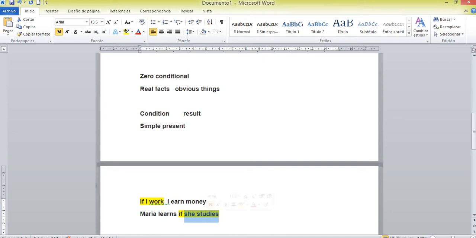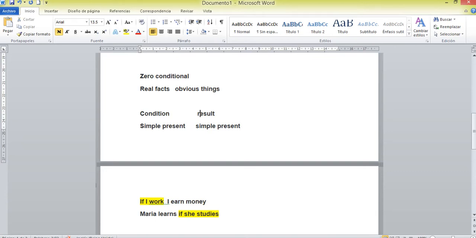Look at simple present, right? And the result is going to be as well in simple present. Okay? Condition is in simple present, the result is in simple present for zero conditional.